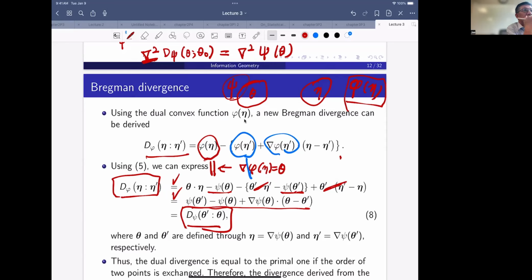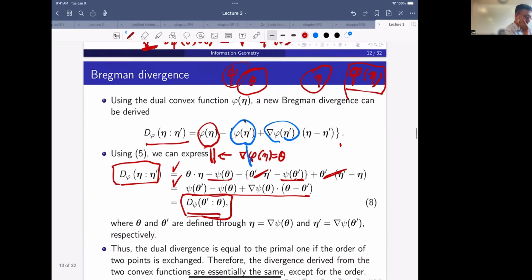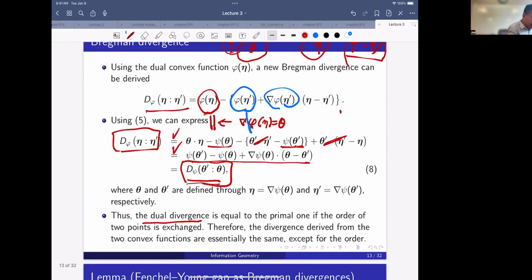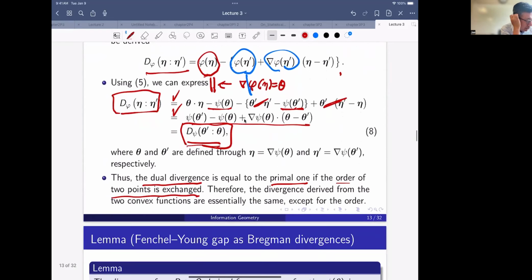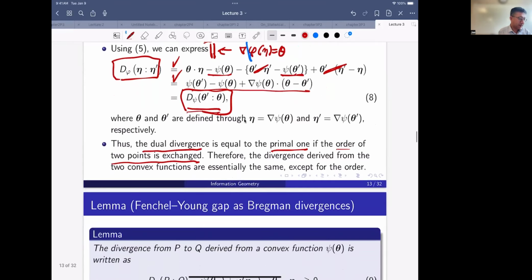But the difference is that the order is changed. So the dual divergence is equal to the primary one if the order of the two points is exchanged. So the divergences derived from the two convex functions are essentially the same except for the order.